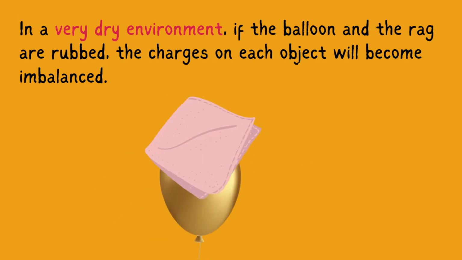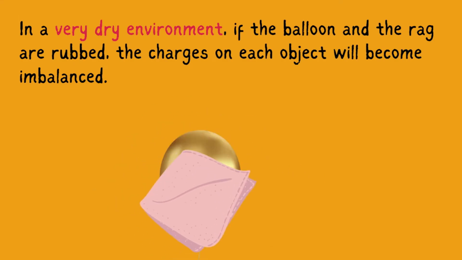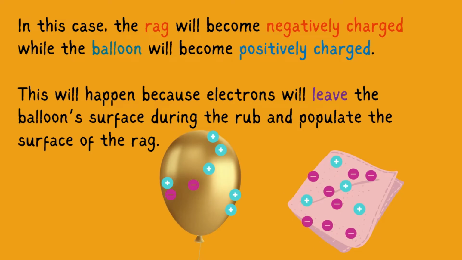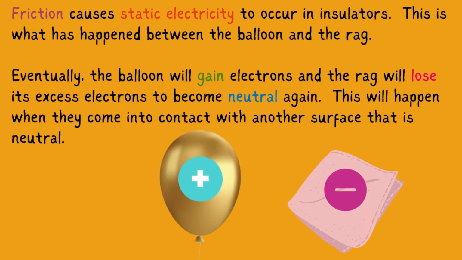In a very dry environment, if the balloon and the rag are rubbed, the charges on each object will become imbalanced. In this case, the rag will become negatively charged, while the balloon will become positively charged. This will happen because the electrons will leave the balloon's surface during the rub and populate the surface of the rag.